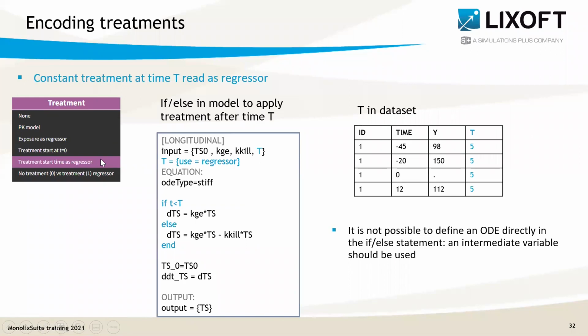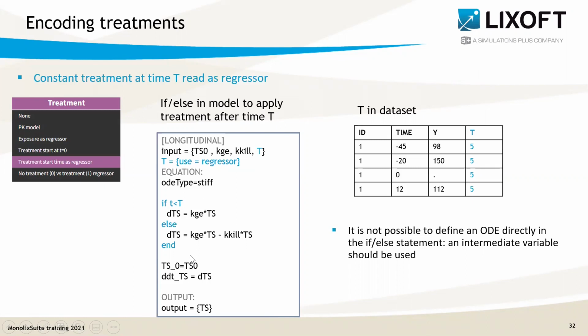Then the next option is to take into account a constant treatment that starts at a time different than 0, at a time that is given in the data set, and that can possibly be different between the different individuals. In that case, there should be just one additional column that contains this time in the data set, and then it can be read as a regressor in the model like this.